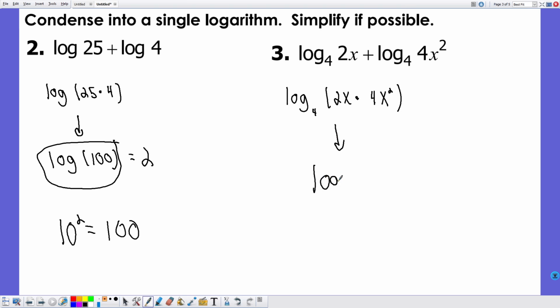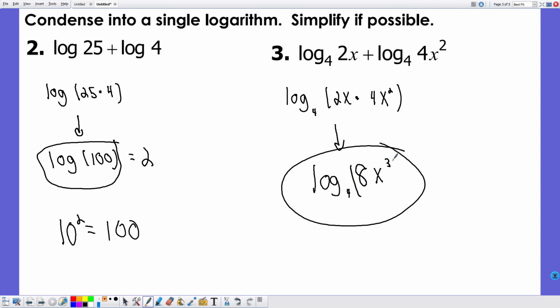Again, log base 4 of, we have 2 times 4 giving us 8, and x times x squared giving us x to the third power. So that would be our answer for part 3. I'll just put parentheses around it to make it look a little bit nicer. So that's how we can condense these logarithms.